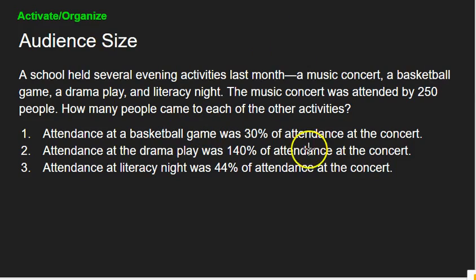Well, it's 30%, right? So we'd use double line graphs, or we could use a table, or we could use a tape diagram. It's kind of however you want to do it, but 100% is the 250, right?